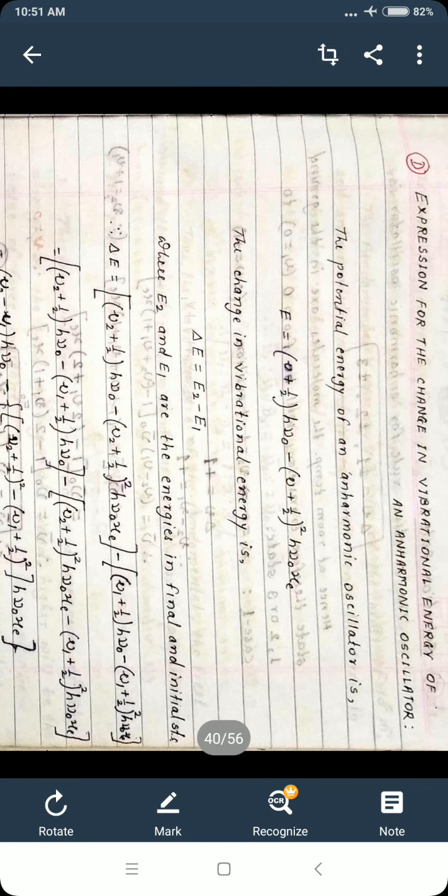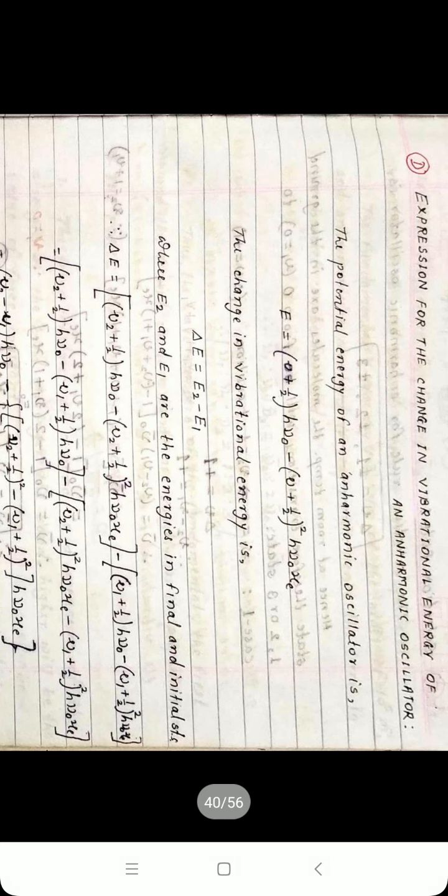This is a very important point as per exam view. Expression for change in vibrational energy.